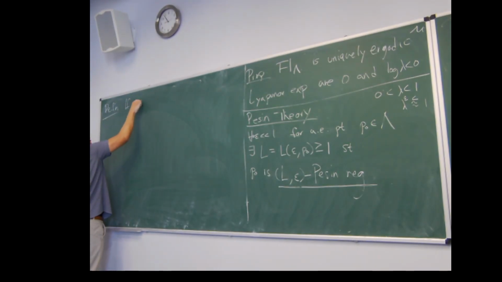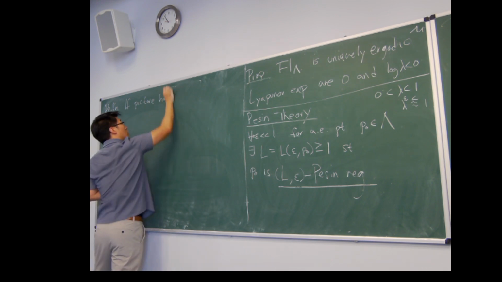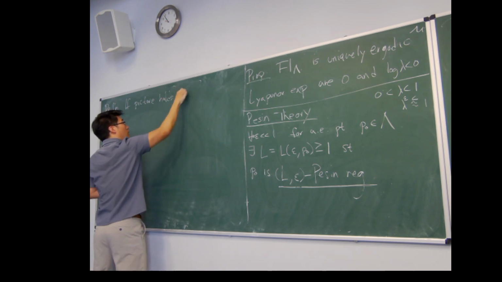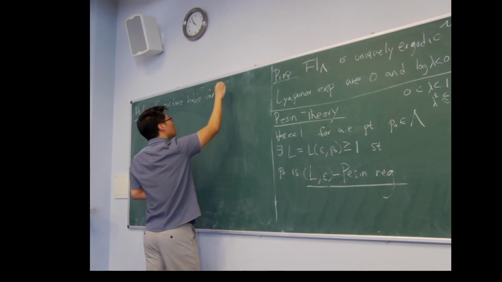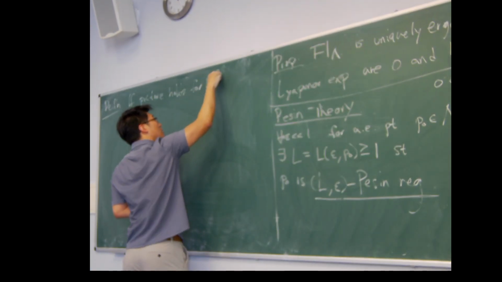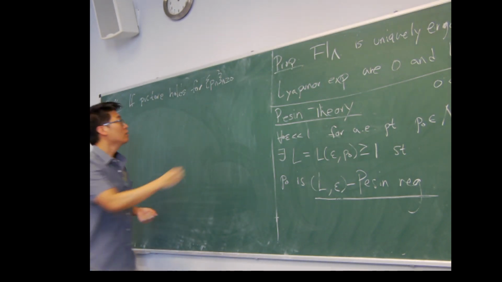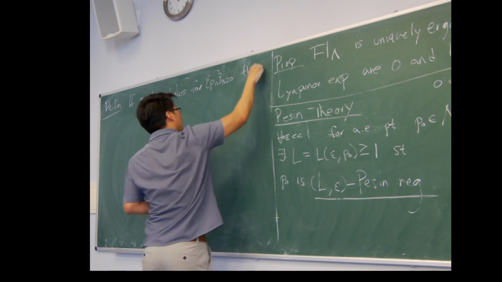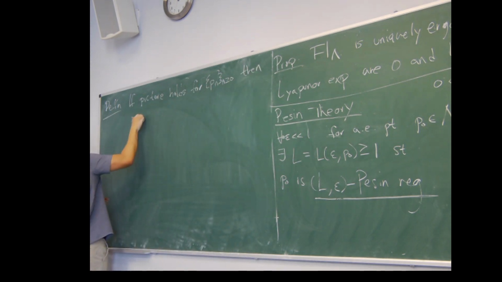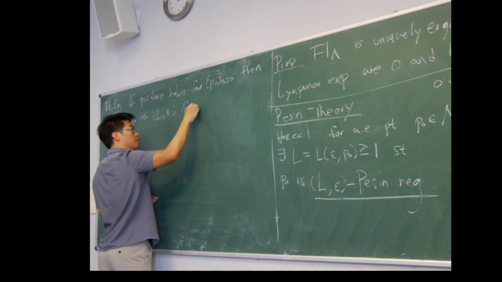If the picture holds for the forward orbit of P naught, so n greater than or equal to 0, then we say that P naught is L epsilon forward regular.